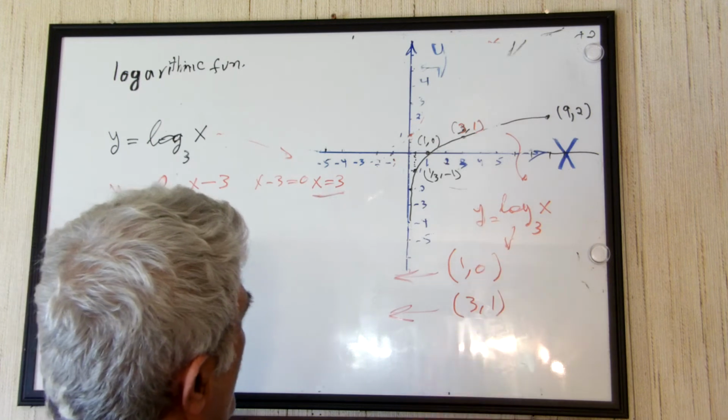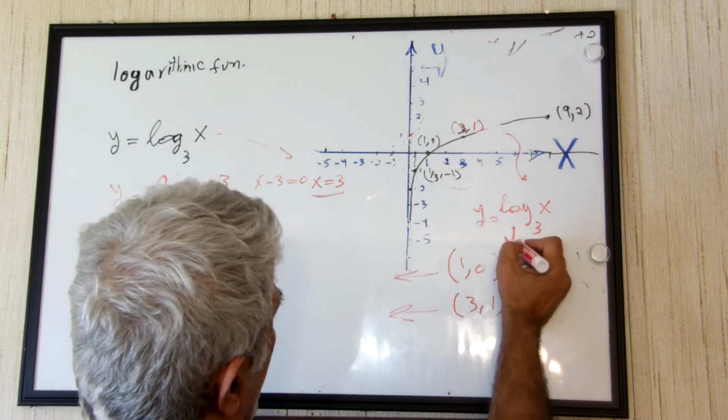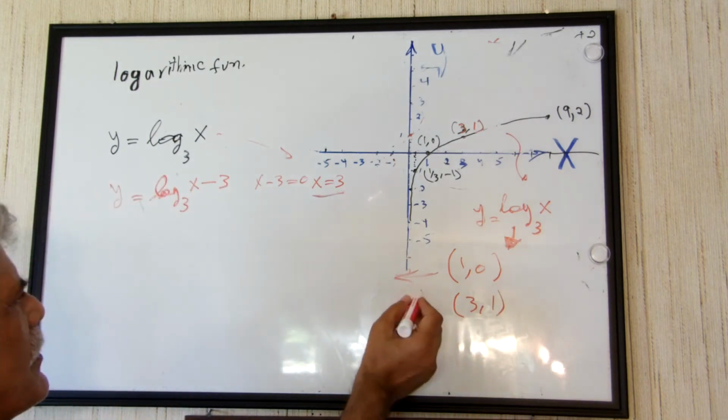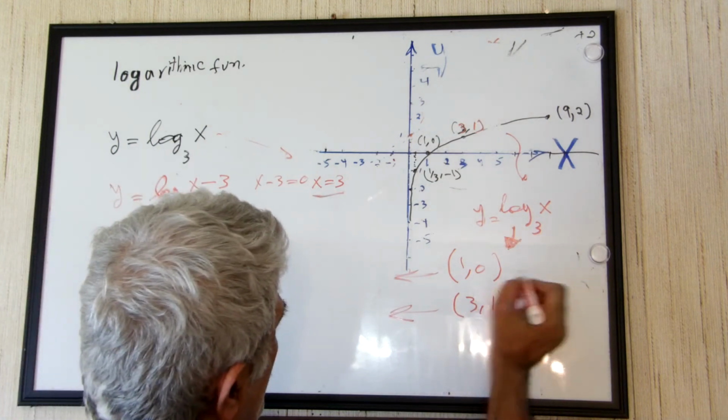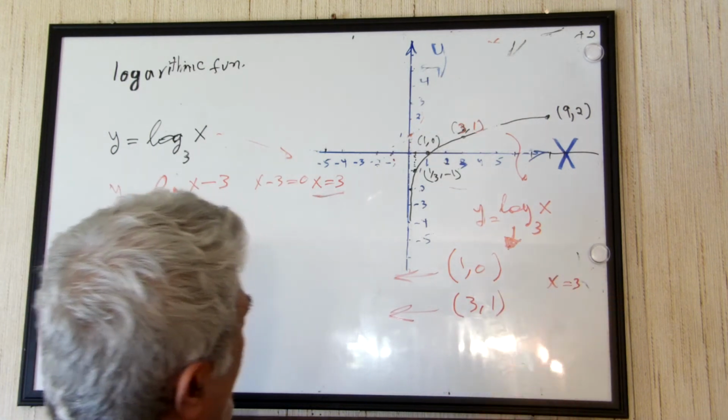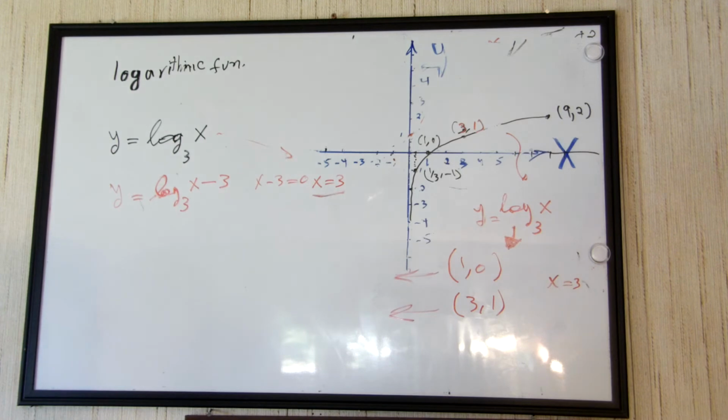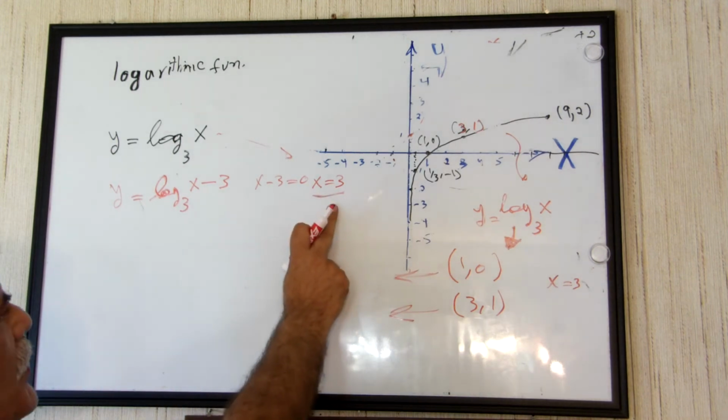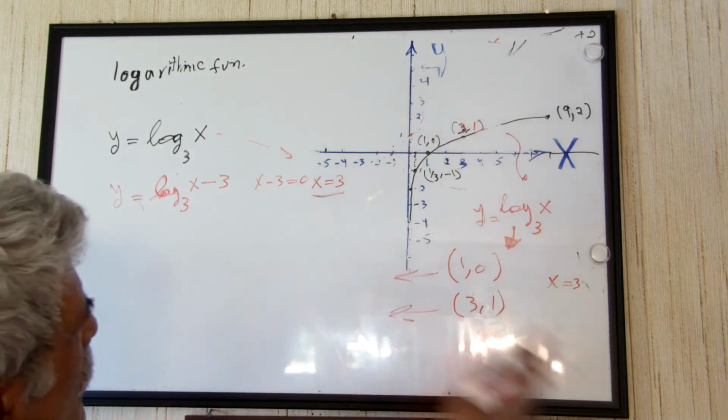This is for this function, and if we change this one to, let's say, x is equal to 3, okay, we shifted 3 units this way.